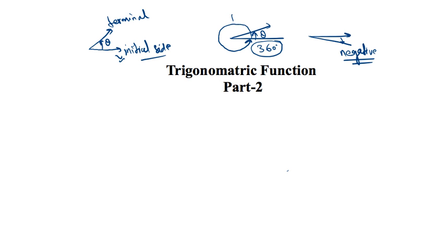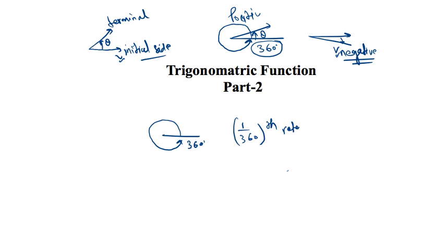So anti-clockwise rotation is positive and clockwise rotation is negative. Here we will take it as positive. One full rotation corresponds to 360 degrees, so 1 upon 360th of a rotation corresponds to 1 degree.